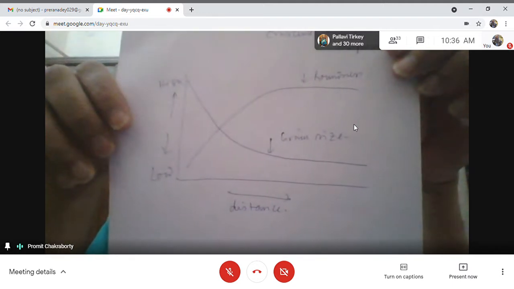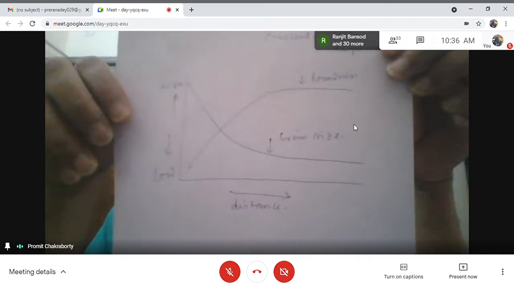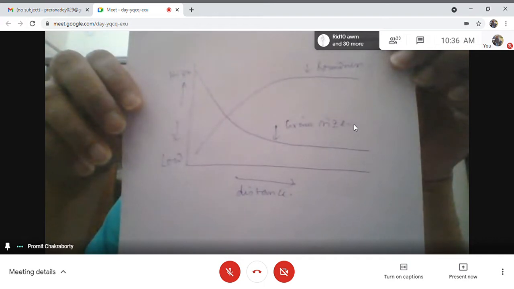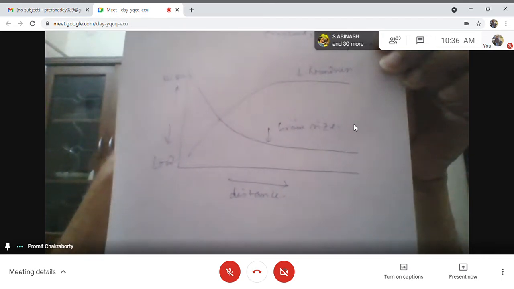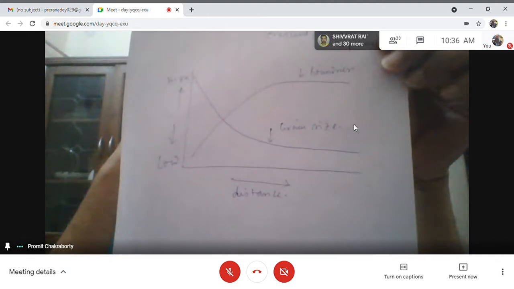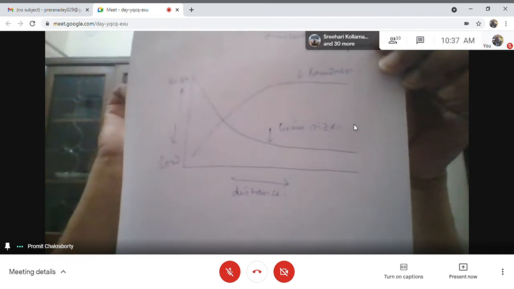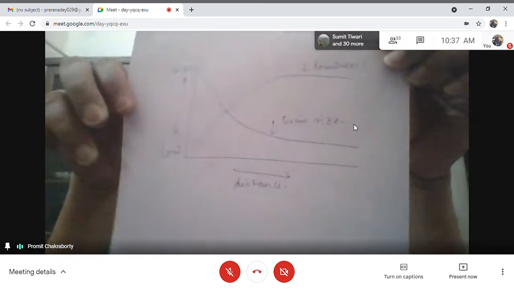If I plot the grain size and the roundness with respect to distance, high and low, the curve comes like this. Draw the curve, then I discuss. Done?